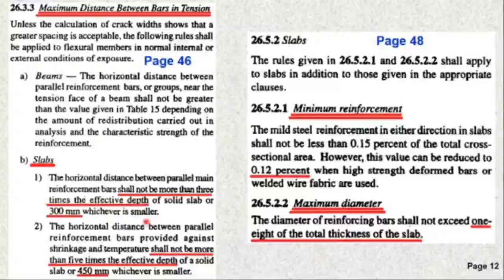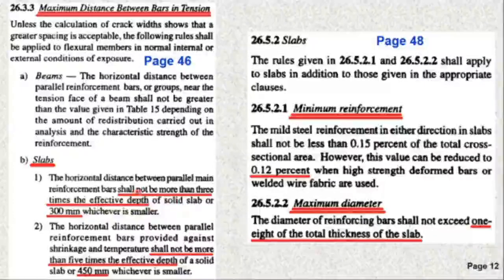And what are they? It is given on page number 46 that the horizontal distance between parallel main reinforcement bars shall not be more than 3 times the effective depth of the solid slab, or 300 mm, whichever is smaller. So the center to center spacing between the main bars is what is given. It should not exceed 3 times the effective depth of the solid slab, that is 3D, or 300 mm, whichever is smaller.